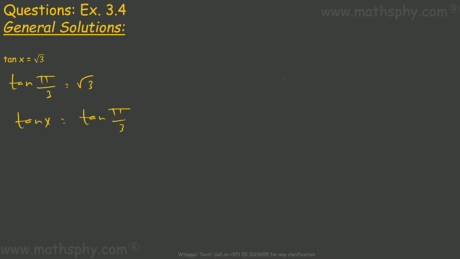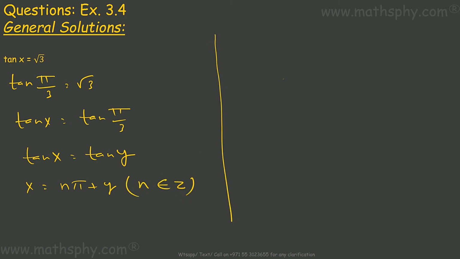We know that tan x equals tan y when x equals n pi plus y, where n is an integer. So x equals n pi plus pi over 3, n an integer. That's the general solution for tan x equals root 3.